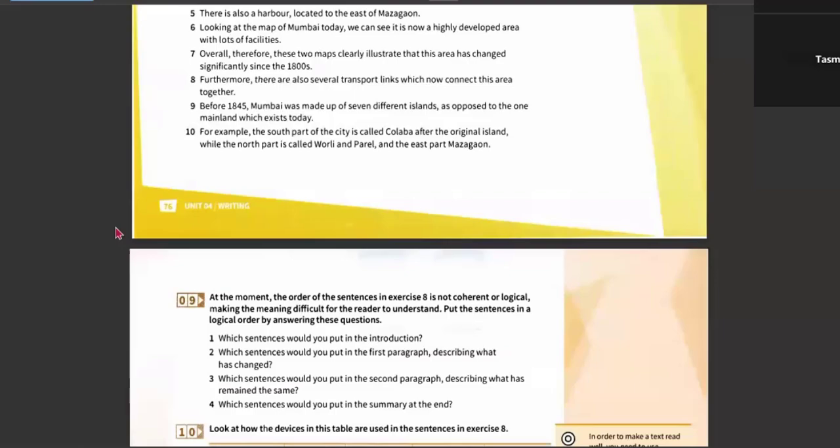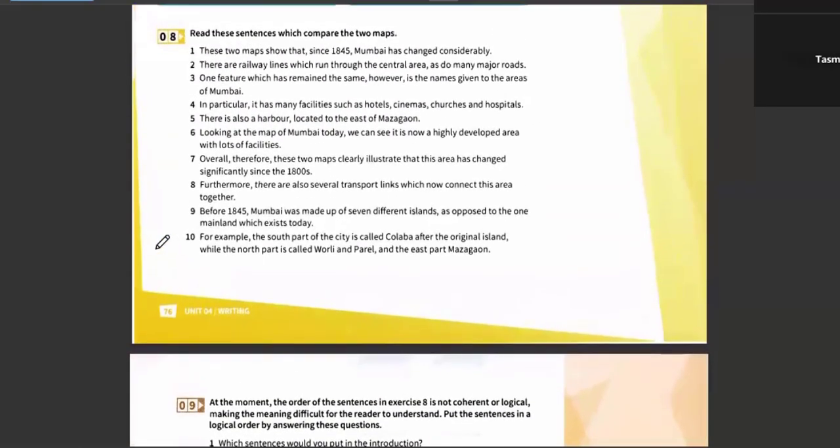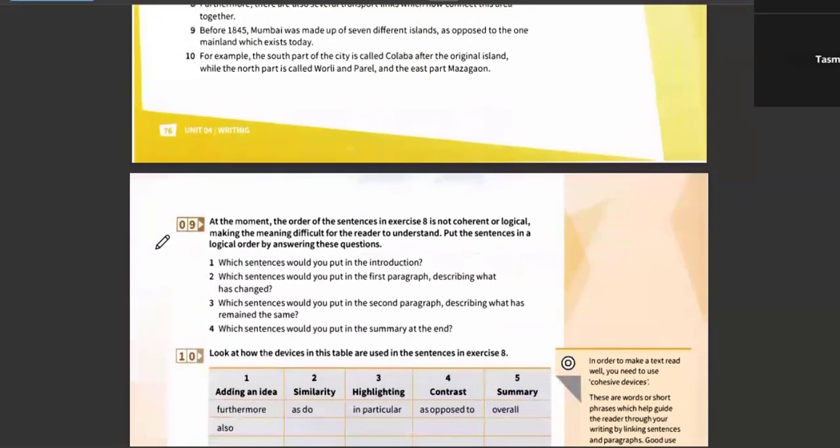So for number 1, it asks us which sentences would you put in the introduction? So according to you, which of the sentences should be included in the introduction of the answer? Do you need time? Then we can go through the questions and then you can decide.